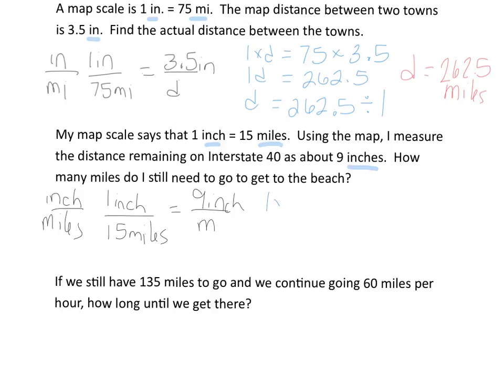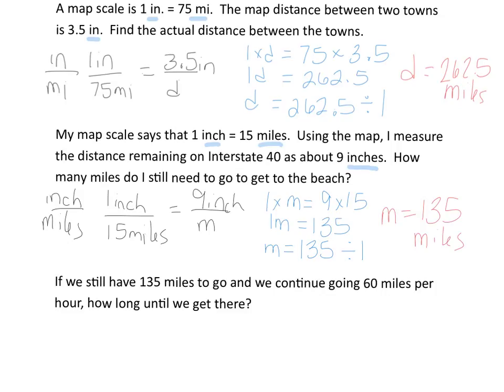So we cross multiply 1 times m and 9 times 15 to get 1m is equal to 135. We divide 135 divided by 1. And we get that m is equal to 135 miles.